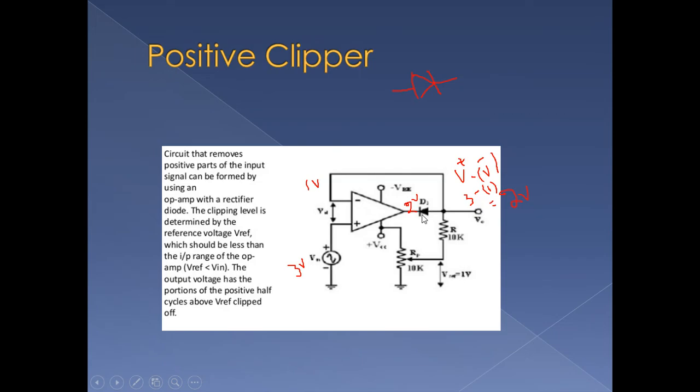So let's see in the diagram. We have received positive voltage in the output side, so the diode will get reverse biased. It will be open. You won't get any output in the output side V0.